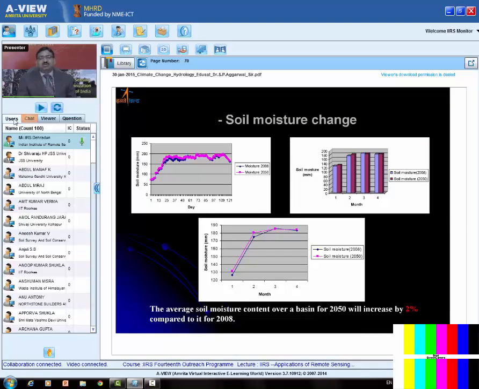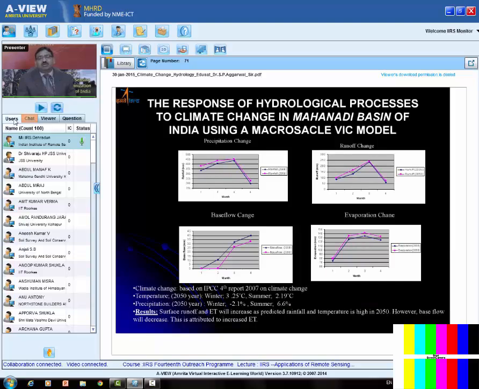Soil moisture will increase a little, but groundwater recharge will decrease. In a nutshell, if you see this figure, runoff is increasing, evapotranspiration is increasing, but base flow is decreasing. It means groundwater recharge will decrease, and this is an alarming situation. By 2050 we will have more rainfall and runoff, but groundwater recharge will decrease. So now we should plan accordingly.